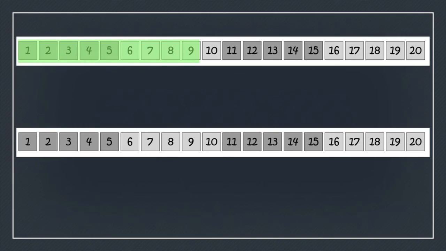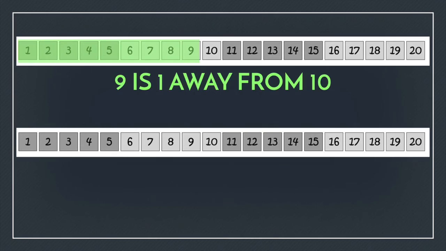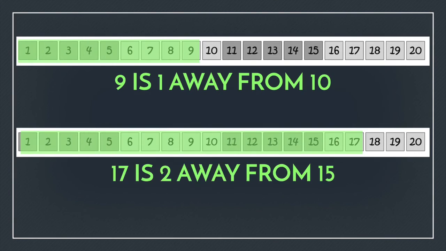There are different colors, and the colors help associate where groups of 5 are and then where groups of 10 are. So it's really cool that once you show 9, it helps them see that 9 is just 1 away from that big benchmark of 10. Or even as you go bigger, if I'm showing 17, it helps me see that 17 is 2 away from 15.